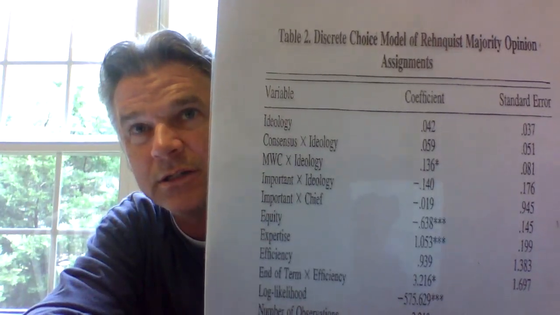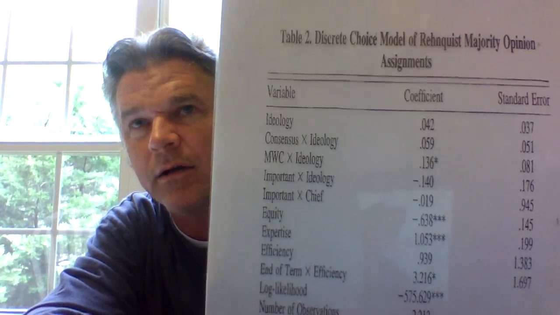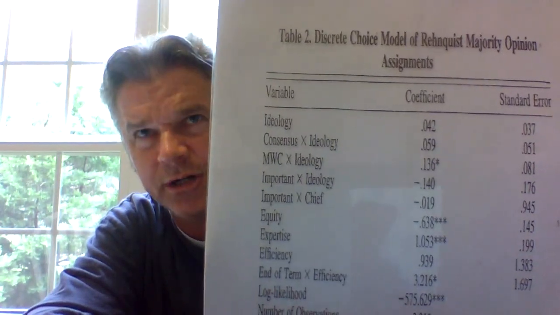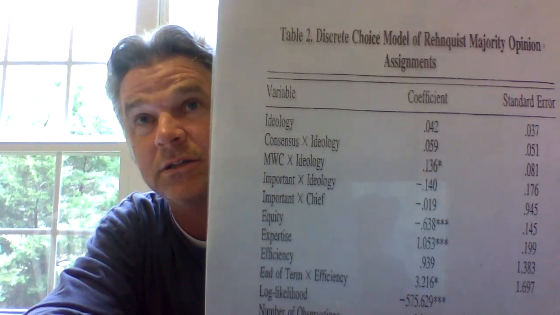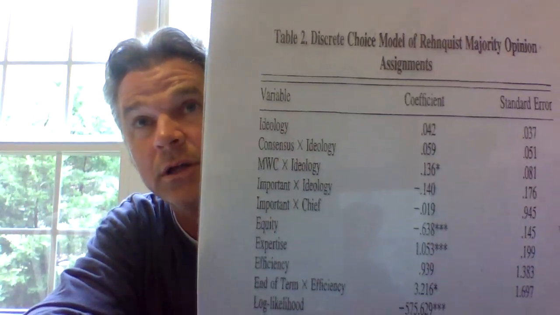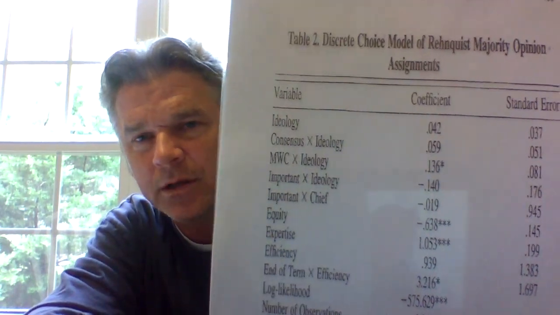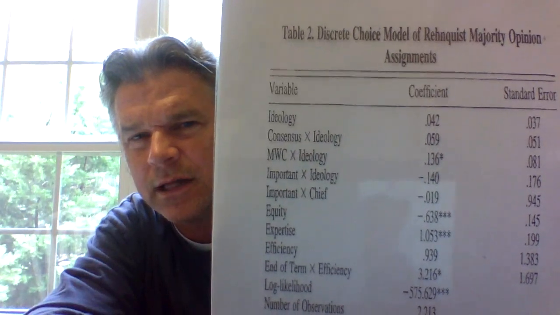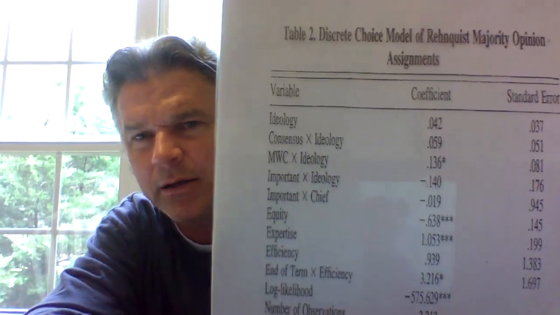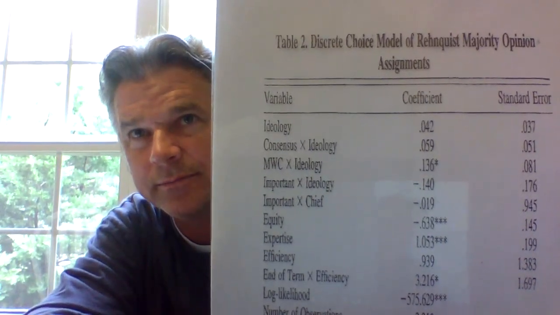There's 9 justices on the U.S. Supreme Court, and ideology was measured as ideological proximity to the Chief Justice, how close you were to the Chief Justice ideologically. So what did they conclude? What effect does ideology have on whether Rehnquist assigns you the Supreme Court opinion or not?